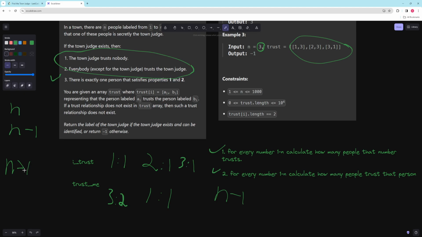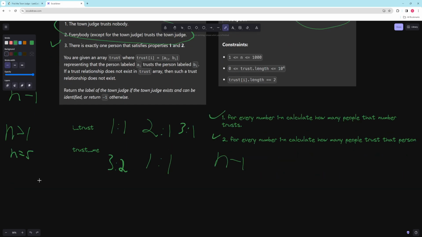So let's say n is like 5, that means that judge will exist in this dictionary, right? There will have to be 4 people that trust this person. So instead of going through numbers 1 through n, we can just go through all of the keys in trust me, and then we can just check, is their value what it needs to be, and are they also not in this I trust dictionary?